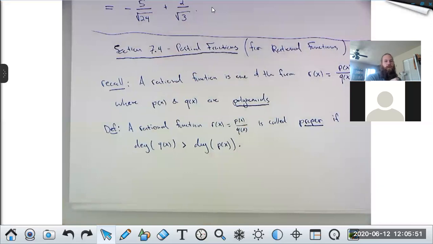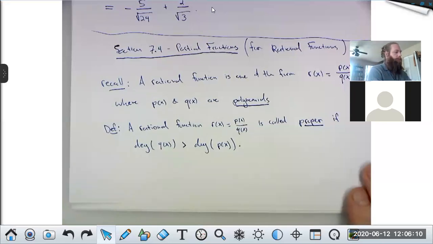Okay, so this notation deg stands for degree. Remember, the degree of a polynomial is the largest power of x that shows up in that polynomial. The procedure called partial fractions can only be applied to proper rational functions.